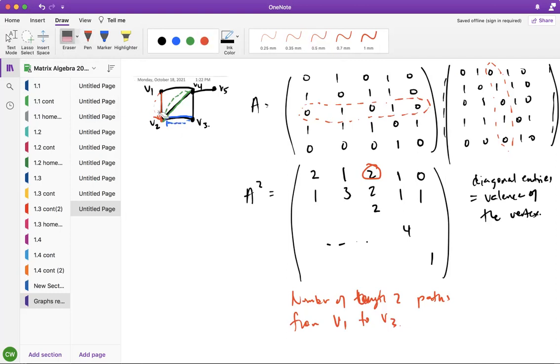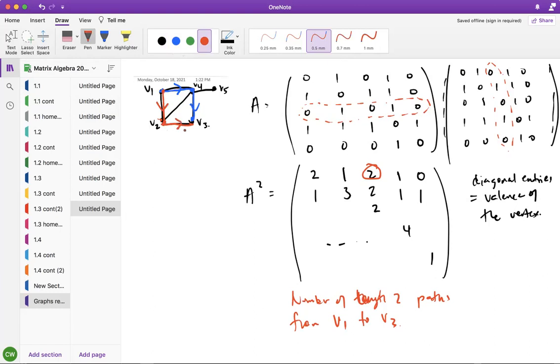So maybe we can see that by the picture. So you can either go from V1 to V4 over to V3, or you can go from V1 to V2 over to V3.